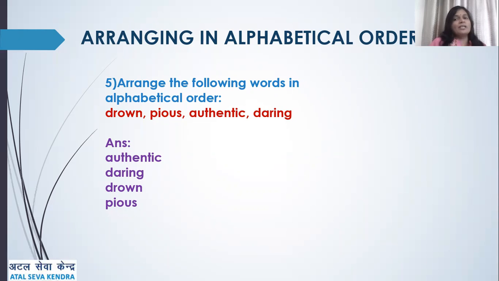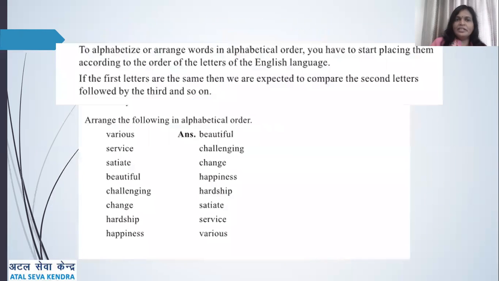Arrange the following words in alphabetical order. Four words are given: drown, pious, authentic, daring. And you have seen how it is arranged in alphabetical order. Let us analyze this question further. To alphabetize or arrange words in alphabetical order, you have to start placing them according to the order of the letters of the English language.